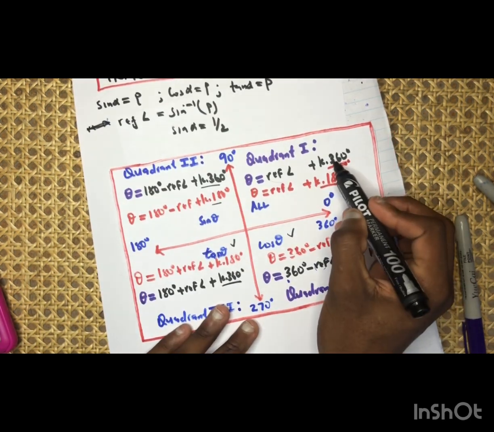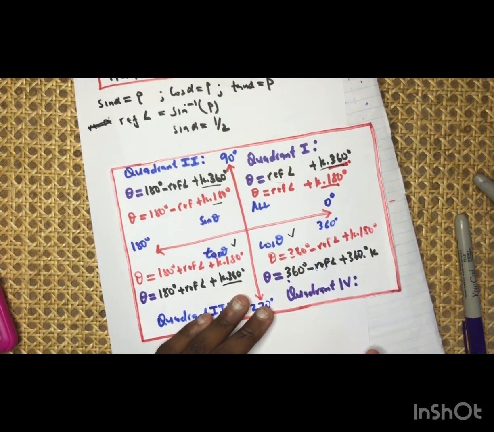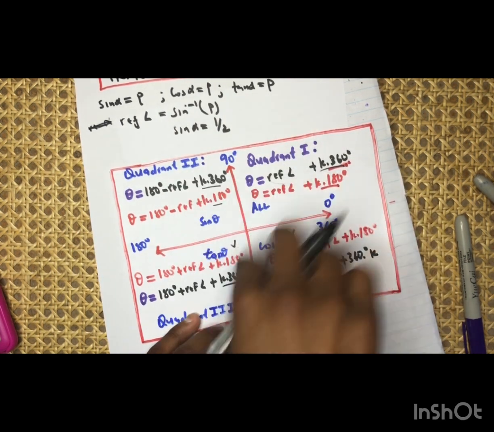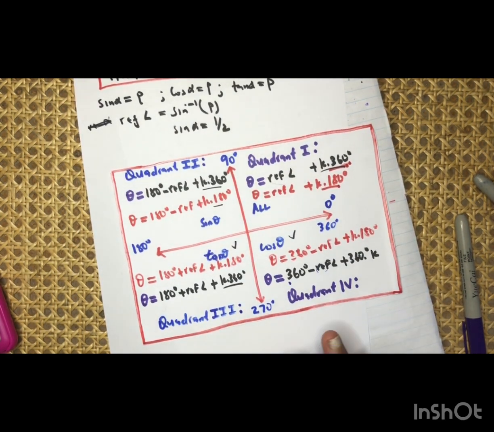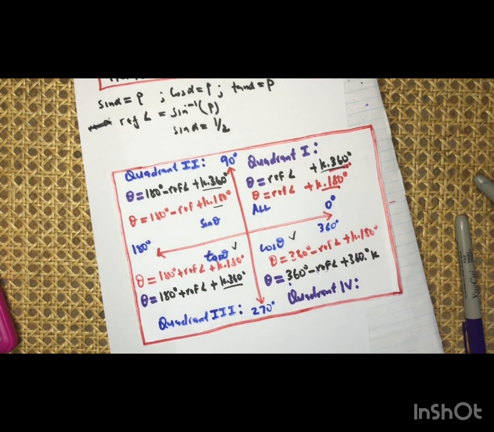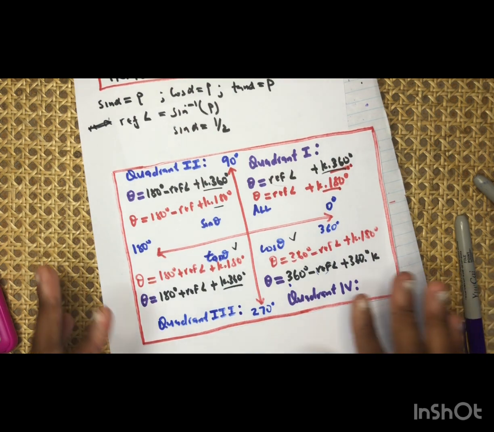So for cos and sine, we use this period of 360 degrees. For tan, we use 180 degrees, but we do the same work. For tan you can also use 360, and we are going to explain more about why you use that 360. But if you use 180, it's fine. Stick to 180 degrees. Don't change that.